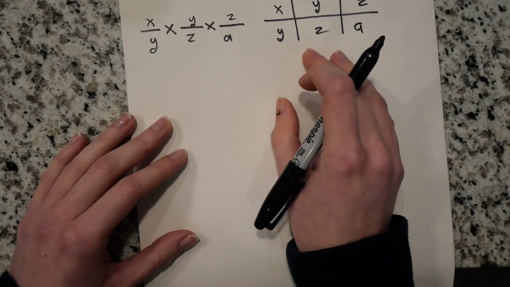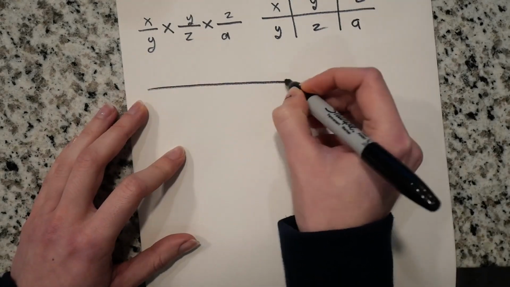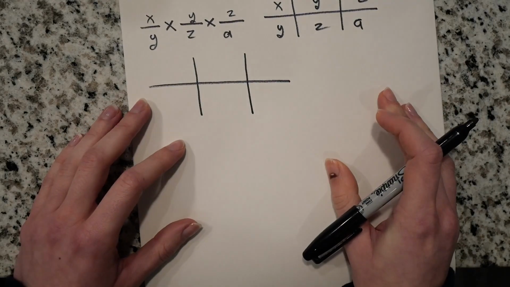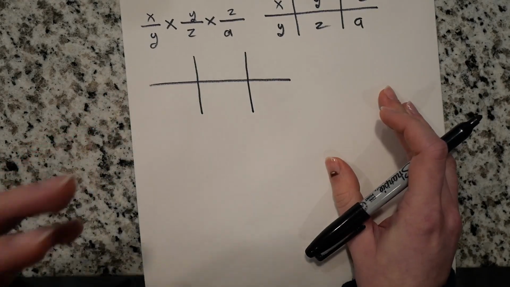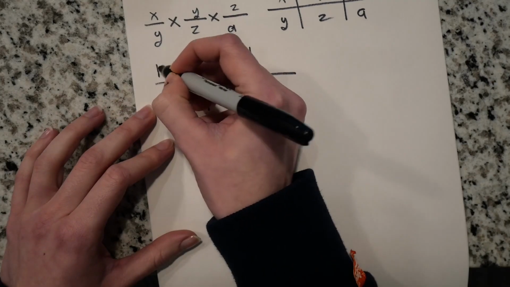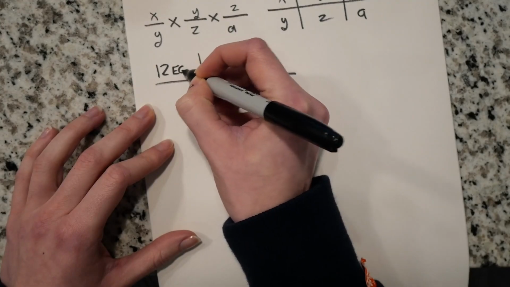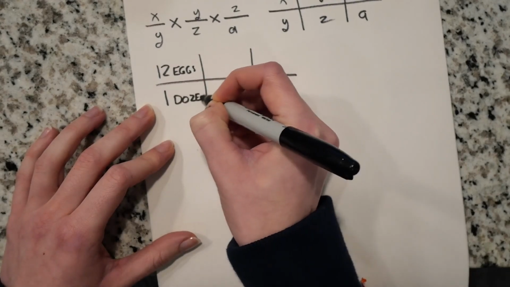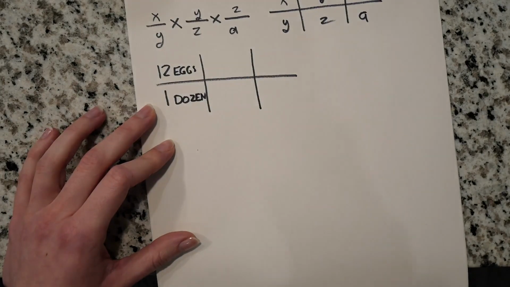What you populate your framework with, for the most part, are something we call conversion factors. These are any type of relationship of equality between two units. So for example, 12 eggs per 1 dozen. This is a true fact, and you have to make sure that you're always right.